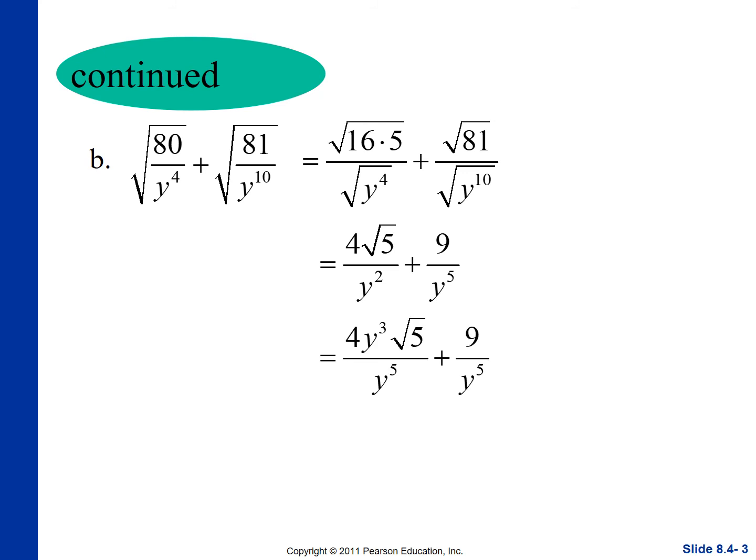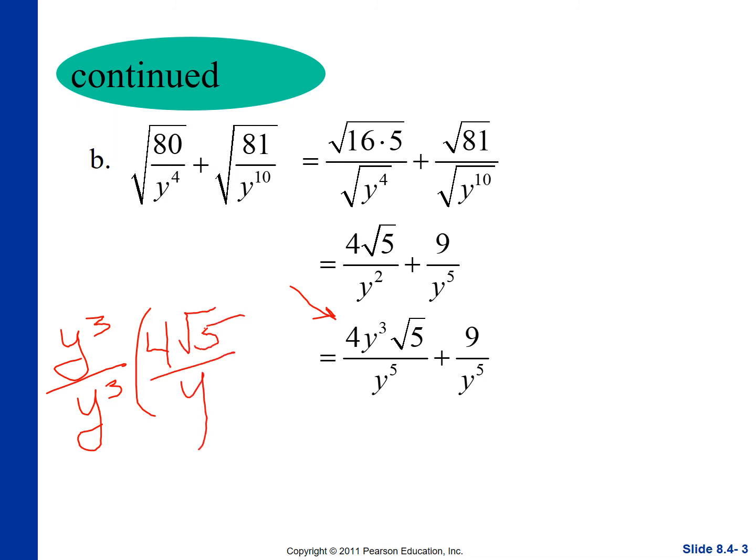So what they did to get to this step is they did y cubed over y cubed times 4 square root of 5 over y squared, all right, and then add this onto the end, right? So that gives us this, right? 4y cubed square root of 5, y cubed times y squared equals y to the 5th.